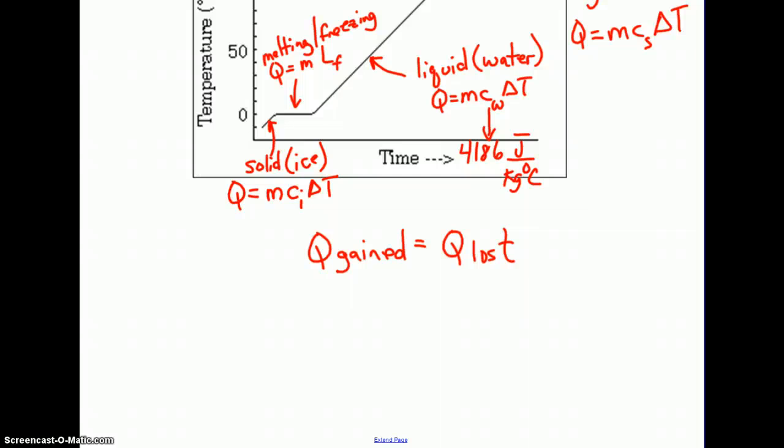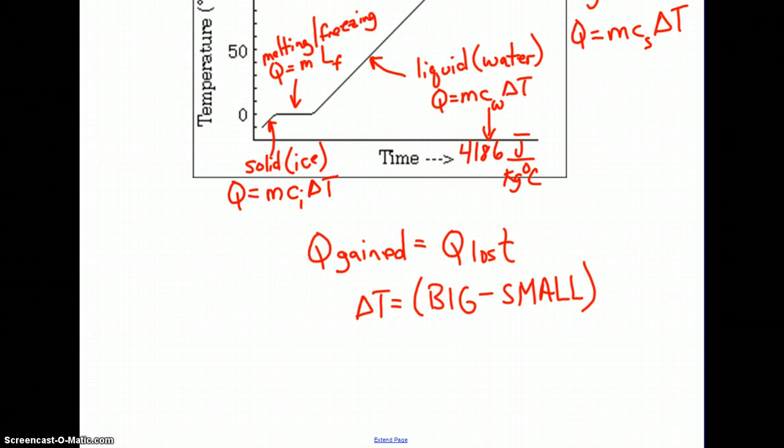When you do this approach for calorimetry, it's really important to remember that the change in temperature is not final minus initial as traditionally we do. The change in temperature is the big temperature minus the small temperature.